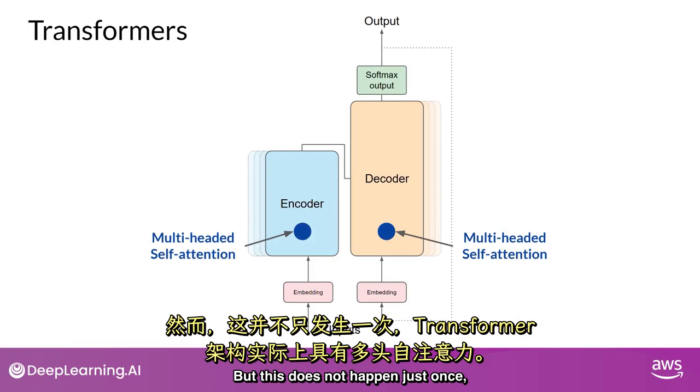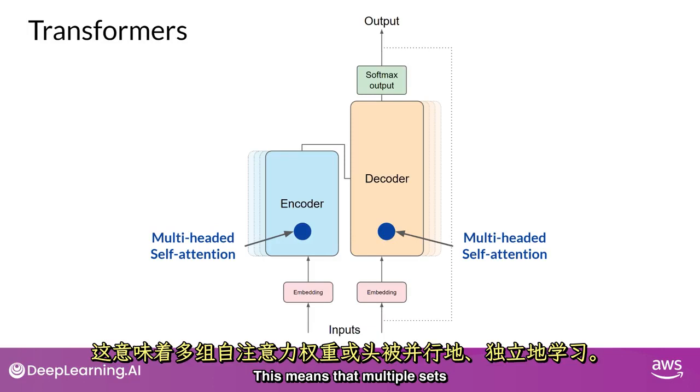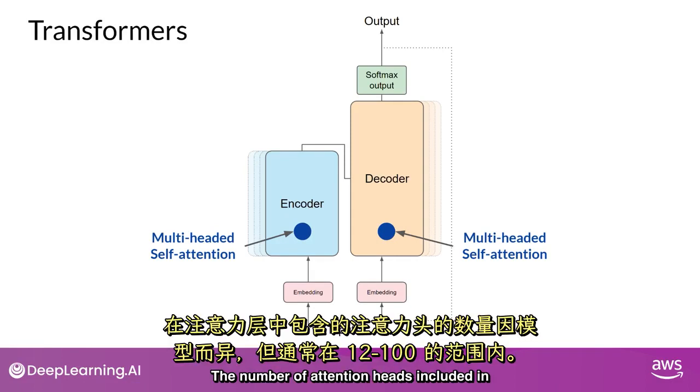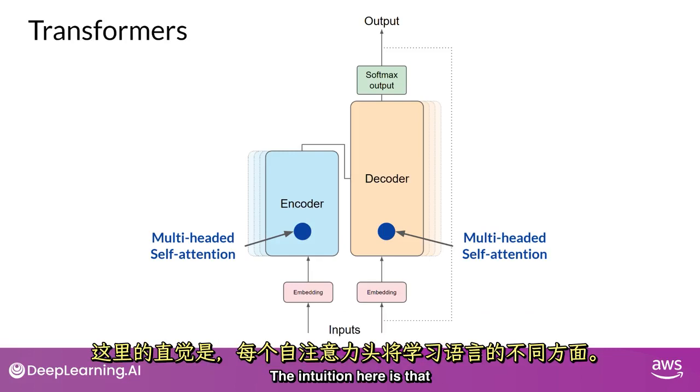But this does not happen just once. The transformer architecture actually has multi-headed self-attention. This means that multiple sets of self-attention weights, or heads, are learned in parallel, independently of each other. The number of attention heads included in the attention layer varies from model to model, but numbers in the range of 12 to 100 are common. The intuition here is that each self-attention head will learn a different aspect of language.